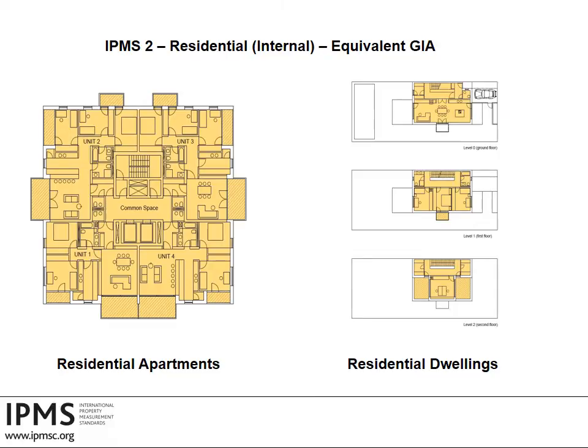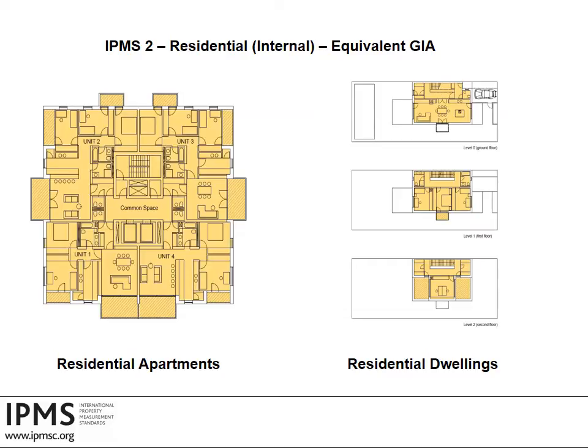The second main standard is IPMS 2 Residential, which deals with the internal area of the building and is equivalent to gross internal area. IPMS 2 is used for measuring the interior boundary area in a residential building.